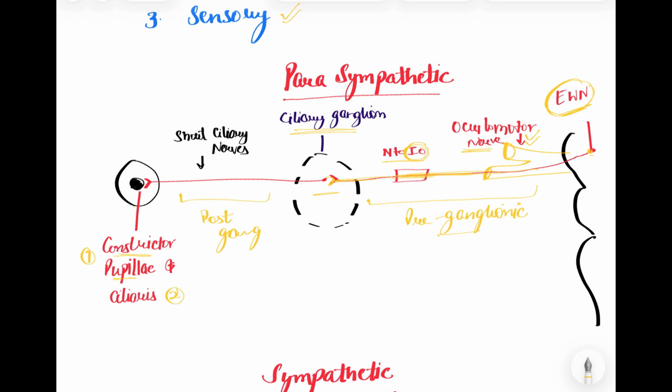While supplying, they will form a network of nerves over here, 8 to 10 of them, that is the short ciliary nerves. These fibers, the short ciliary nerves, are the postganglionic fibers. So the parasympathetic pathway starts from the Edinger-Westphal nucleus, via the oculomotor nerve, then via the nerve to inferior oblique, relays in the ciliary ganglia, and via the short ciliary nerves supplies two muscles, constrictor pupillae and the ciliaris muscle.